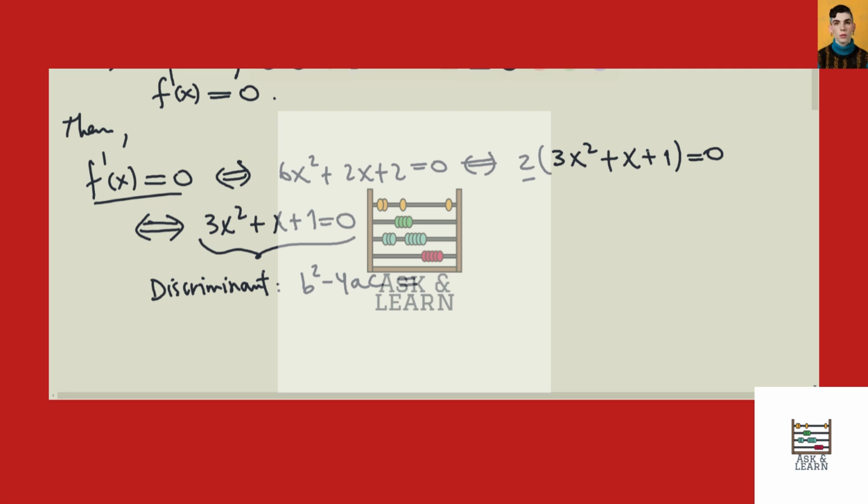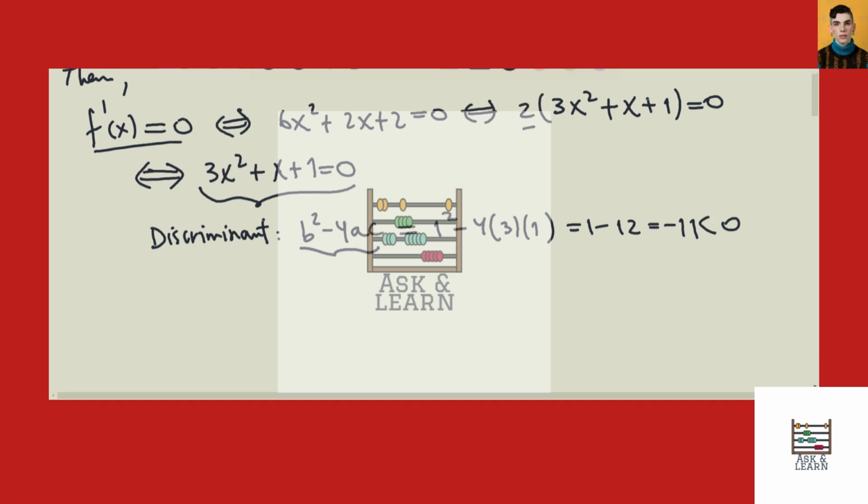So in this case, this is equal to 1 squared minus 4 times 3 times 1. That is 1 minus 12, that is negative 11. And because this expression is going to appear inside the square root in the general formula of the solution of this second order equation, we know that with this condition here, we won't have real solutions.